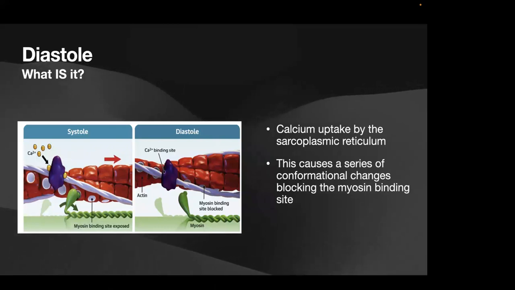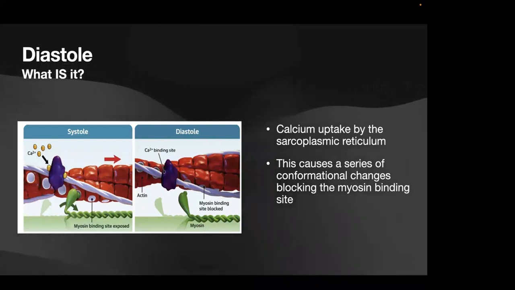But similarly, in diastole, the same conformational changes, the same reuptake of calcium into the sarcoplasmic reticulum, which requires ATP, causes a series of conformational changes that stops that function and allows this more active, but still in some ways mechanical, motion of unloading of the ventricle.